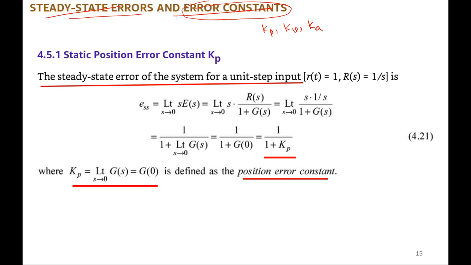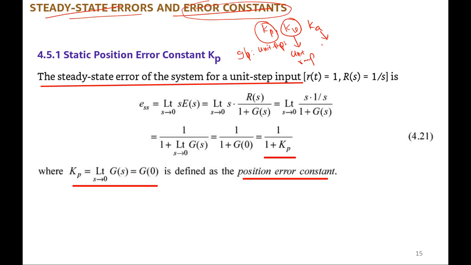If the input of the system is unit step, then we call it position. If it is unit step, this is the input of the system. If the input is unit ramp, then we call it velocity constant.